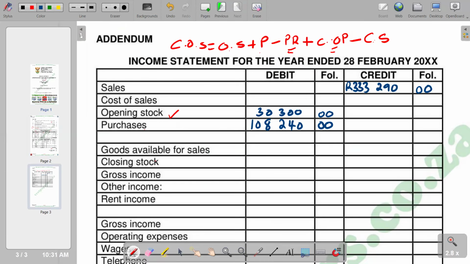With that, we can add the two to get the goods available for sale. If we add 30,300 plus 108,240, we are going to get a total of 138,540.